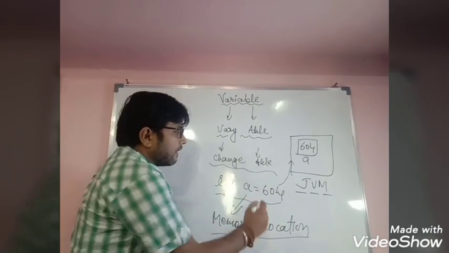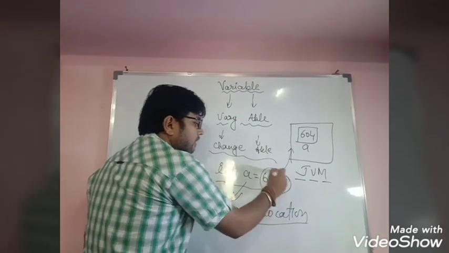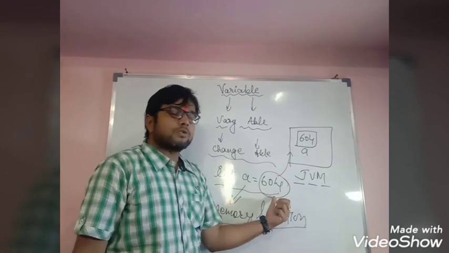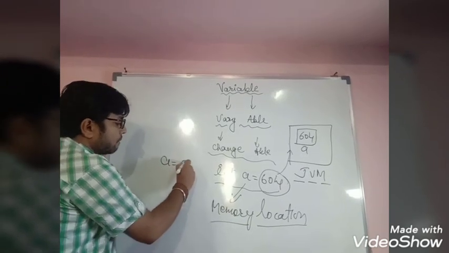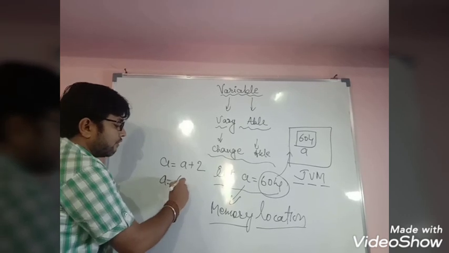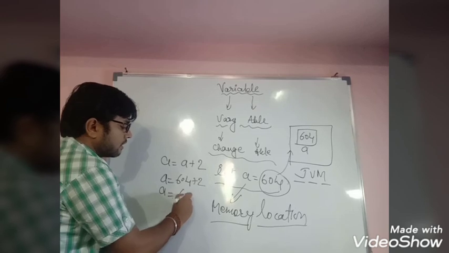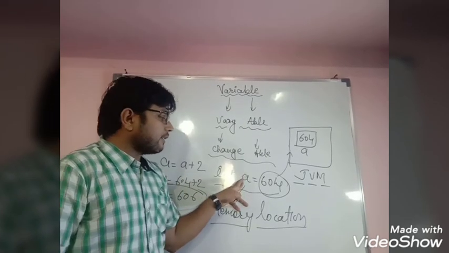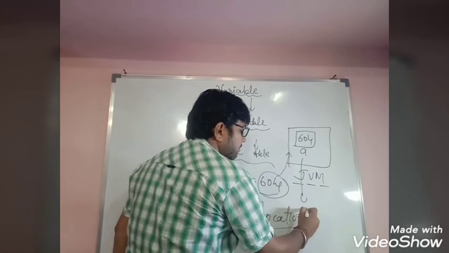For example, if I write a equals to 604, it is not 100% confirmed that the value of a is always 604. If you write a equals to a plus 2, now the value of a equals to 604 plus 2, which means the value of a equals to 606. Now the value of a is changed, but a is fixed. So here a is the variable.